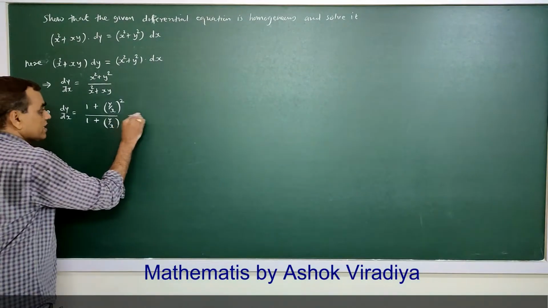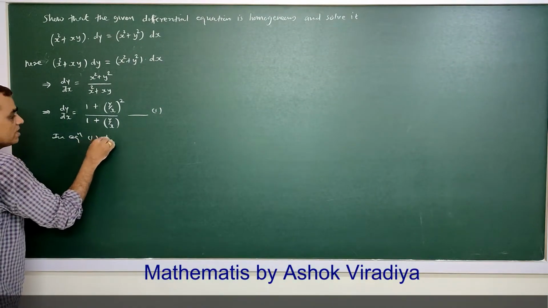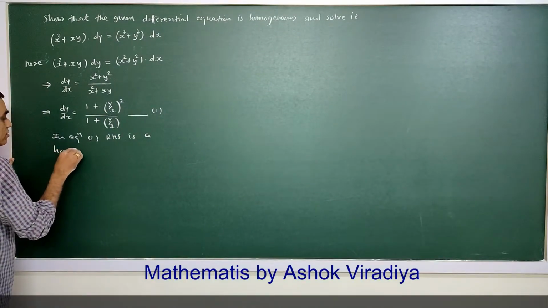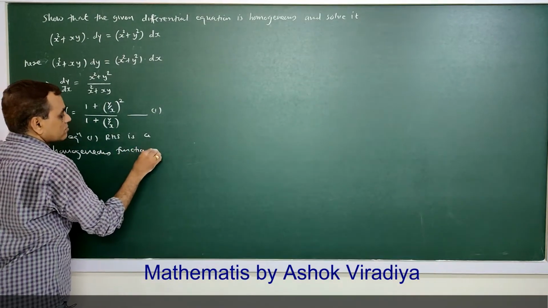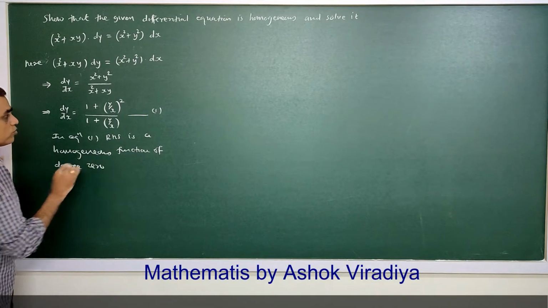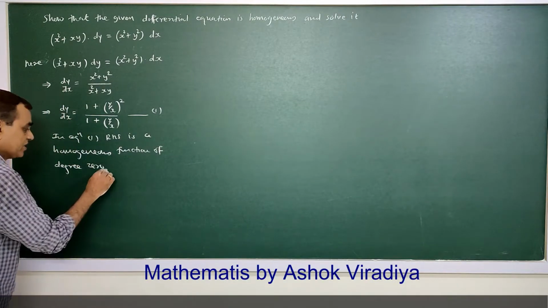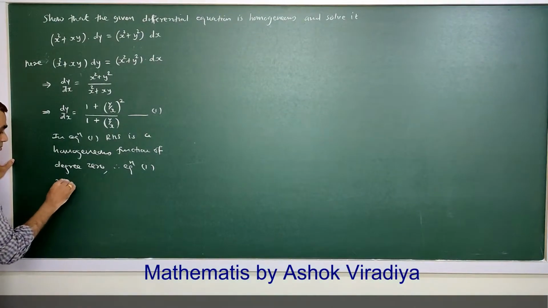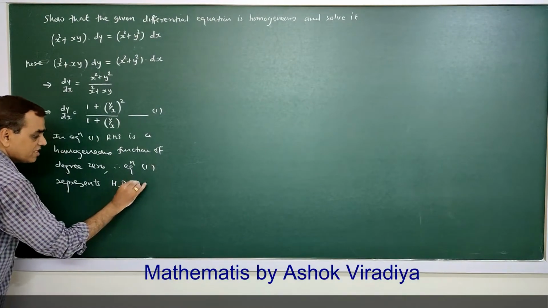So in equation 1, RHS is a homogeneous function of degree 0. Therefore equation 1 represents a homogeneous differential equation.